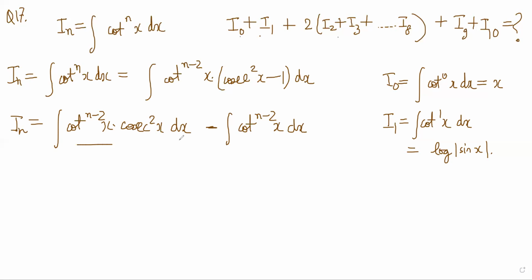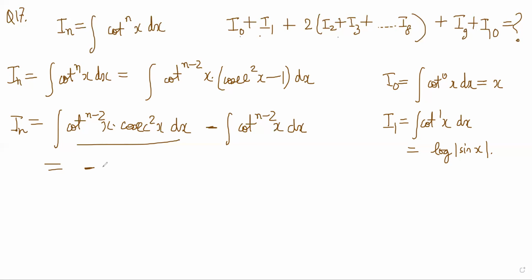Now, this is easily integrable because we put cot x equal to t, and this will become minus dt. So you will get minus t power n minus 2 integral, which is minus t power n minus 1 by n minus 1.